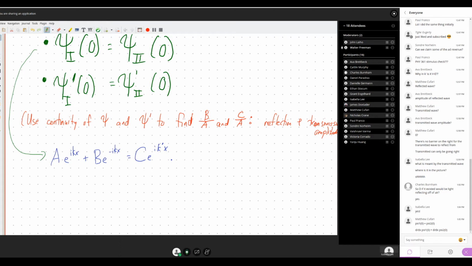Whenever I take a derivative of an exponential, I pull down all of the stuff other than the x in that exponent.